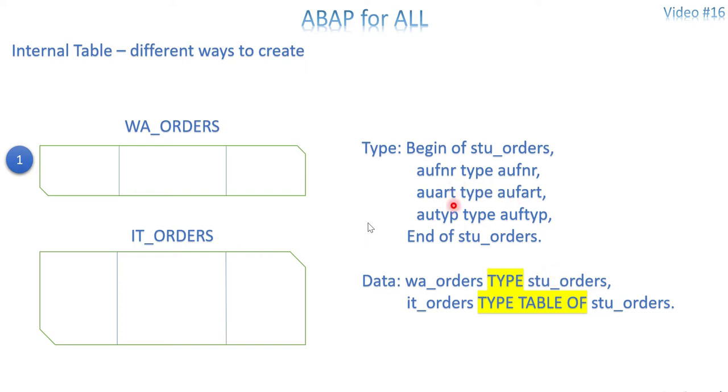So it has three fields, it creates a work area with three fields. And another one, IT_orders TYPE TABLE OF structure name. The keywords TYPE TABLE OF create the body of an internal table. So this is the syntax to create the entire internal table which has a work area and body. It's created independently with different names.